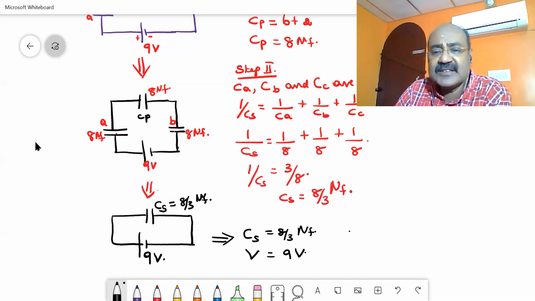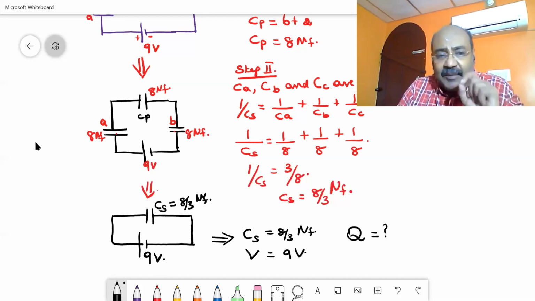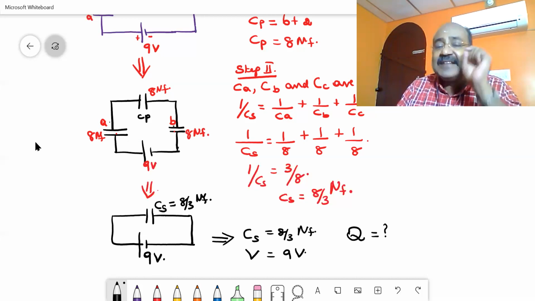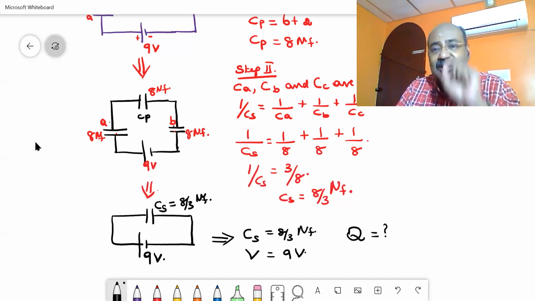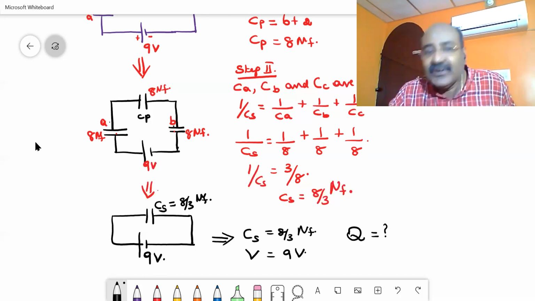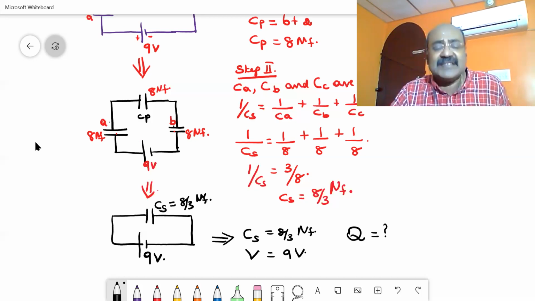The charge available in this will be the charge available in A, in CP, and in D, because in series combination the charge is constant and only the potential varies. So by calculating the charge in the series combination, we can calculate the charges of A, CP, and D.